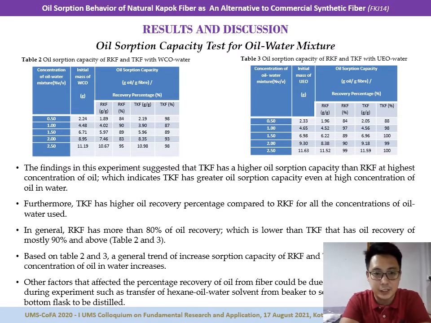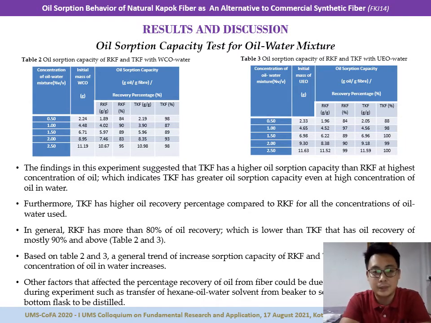The finding in this experiment suggested that the treated kapok fiber has a higher oil sorption capacity than the raw kapok fiber at the highest concentration of oil, which indicates the treated kapok fiber has greater oil sorption capacity even at high concentration of oil in water.